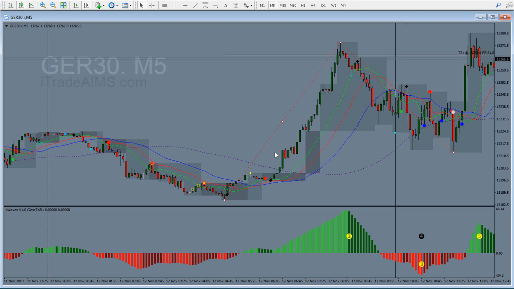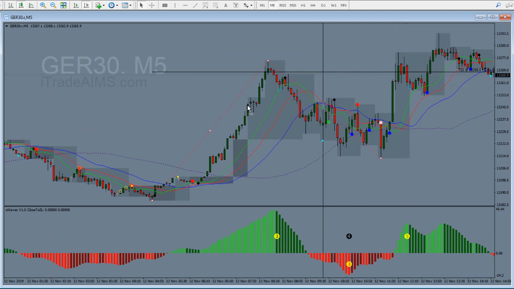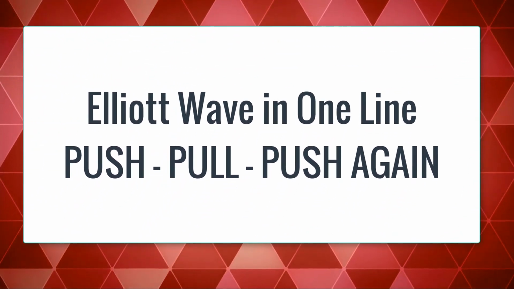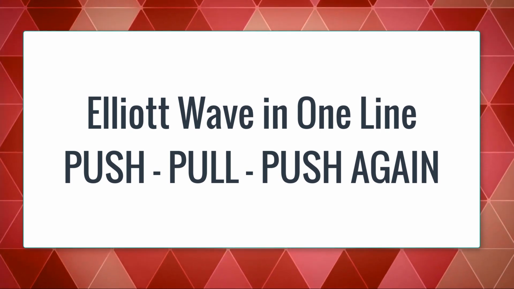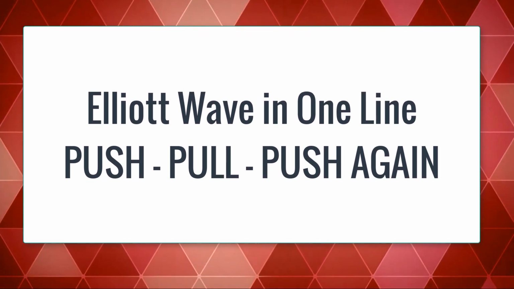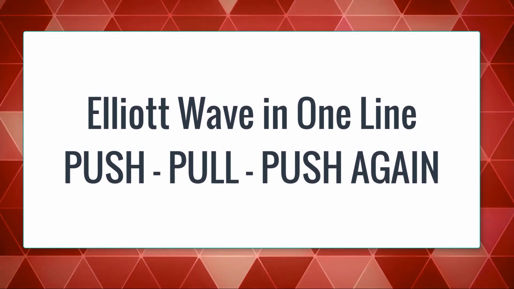We know that the market moves up, down, up again. That's how I define Elliott Wave. So when somebody asks me, can you put it in the simplest terms? I say, Elliott wave basically is this in one line: push, pull, push again. That's it.